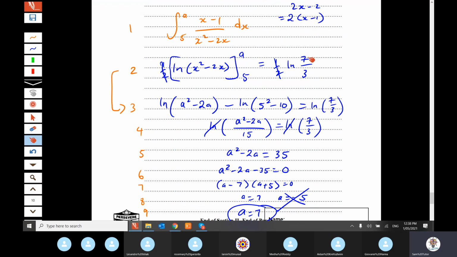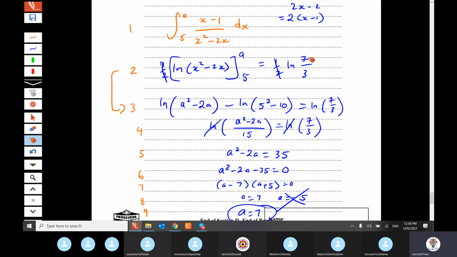From what stage would you be able to get to line 9? Where do you feel is your starting point? Where are you fully comfortable? 4. So from 4 to 9, okay. So you've got log laws and substitutions, integrations.